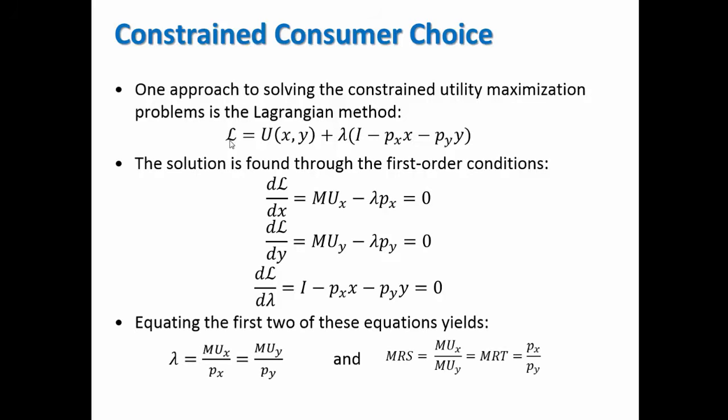Again, importantly, you'll see that this method is still going to give us 2 conclusions that we saw from class on Monday. The first is that you're going to get at the optimum equal bang per buck from goods X and Y, and you're going to get at the optimum a point of tangency between an indifference curve and a budget line.